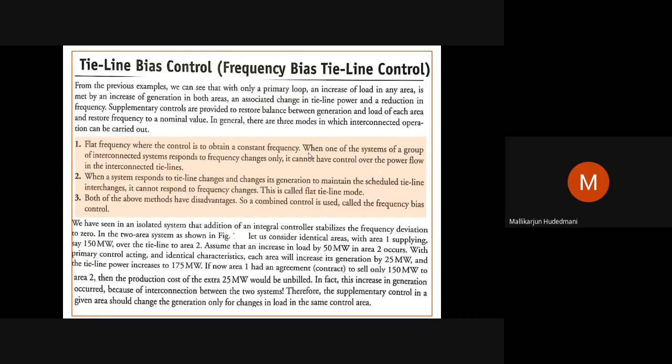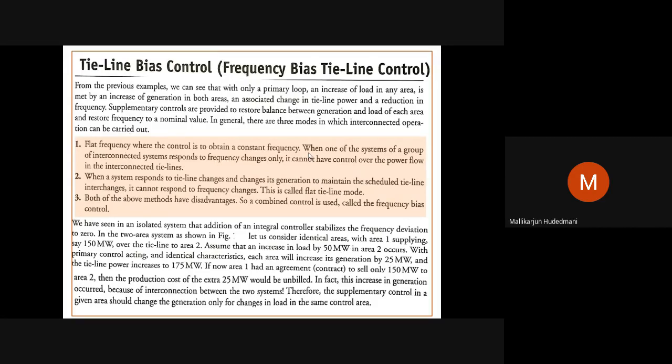This is one of the remedies for the problems we are finding. It means whenever there is a disturbance, all interconnected areas will respond to the change. That is the observation. Now we don't want that kind of action initiated from each corporation; we want to prohibit it. Then what solution do we want to apply? Flat frequency control is what we would like to practice.